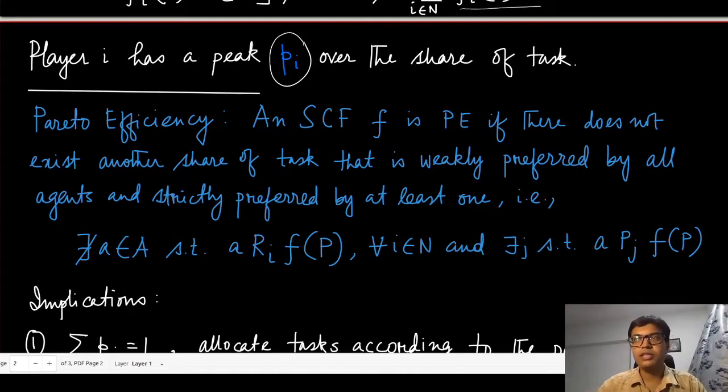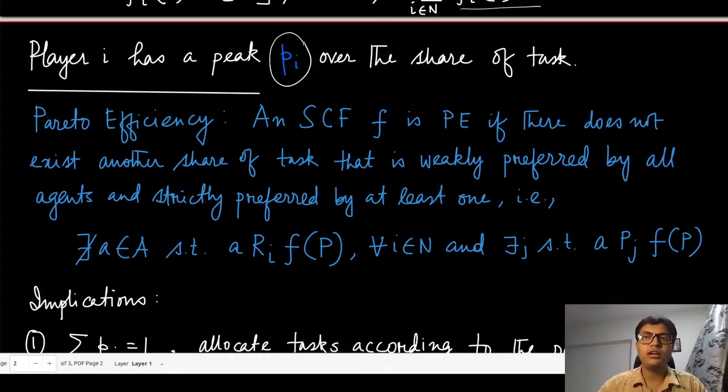So remember, in the previous single-peaked setting, if a specific alternative is dominated by some other alternative for all the players, then that dominated alternative is never going to be picked as the social choice outcome. That was the definition of Pareto efficiency.